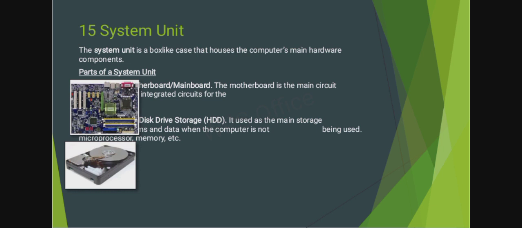The motherboard is the main circuit board holding the integrated circuits for the microprocessor, memory, etc. The motherboard also supports internal connectors for the hard disk drives and optical drives like CD, DVD, and others, and external connectors for the mouse, keyboard, printer, and speaker. On your screen, you will see the photo of the motherboard or the main board.